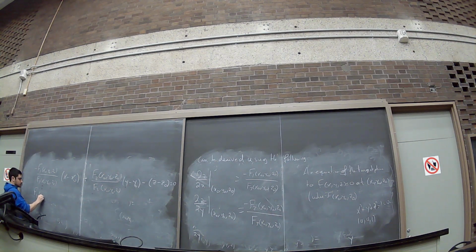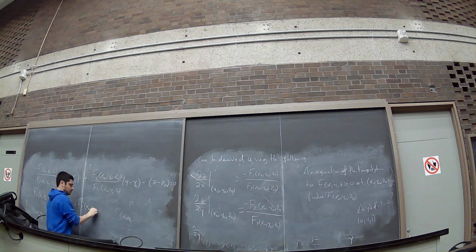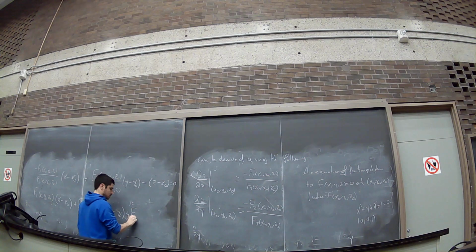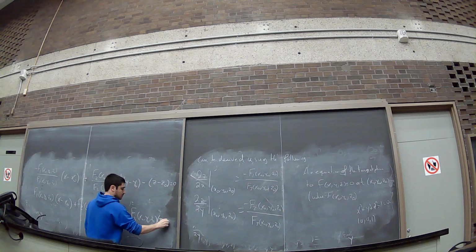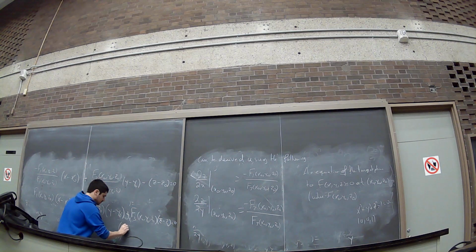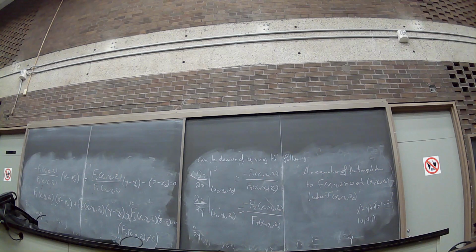You get f1 times... okay, provided this f3 is non-zero. Provided, and you may need a bit more as well. Anyways, for now, let's assume this one. Is that 0? No? Are we good or not?